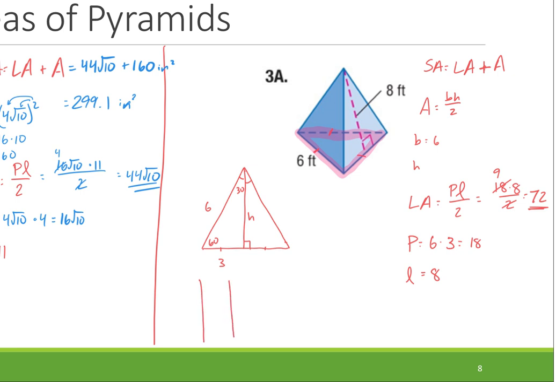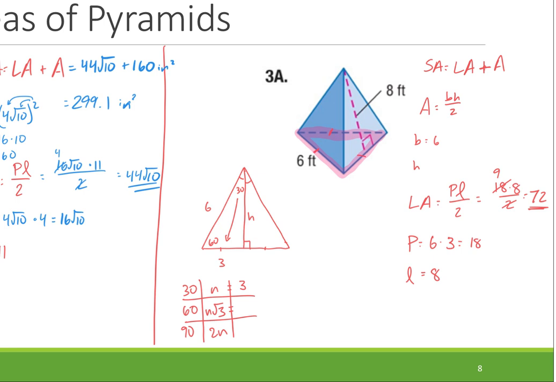So I'm going to go to my tic-tac-toe board, and I have 30, 60, 90, n root 3, and then 2n. And really, you can choose whichever side you want, because we have 2 and we only need the third. I'm going to go with my 30 side, because that's just going to make life easy.